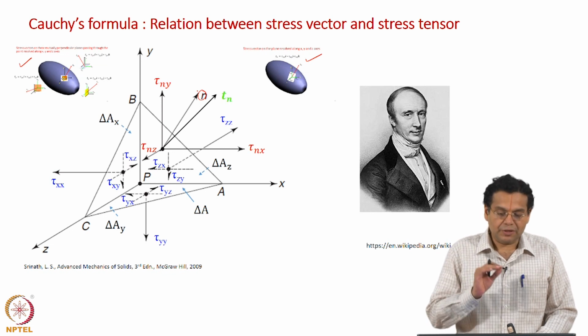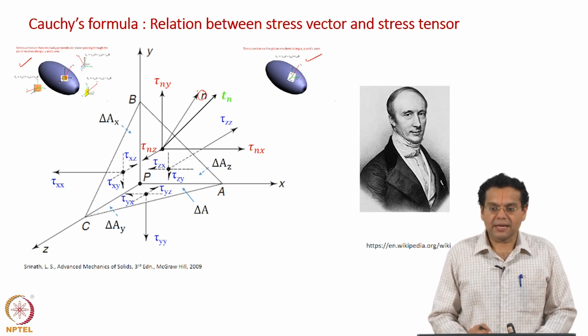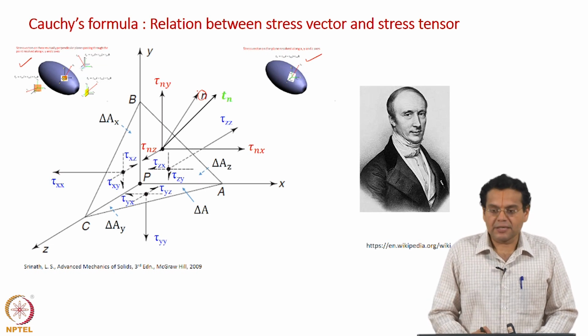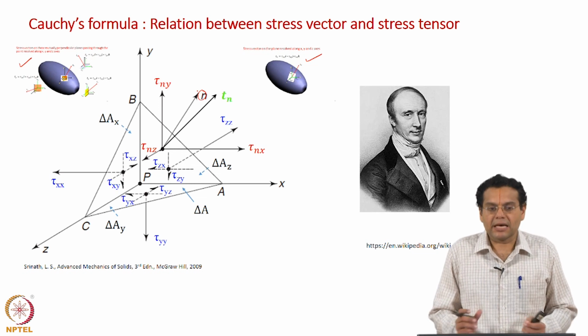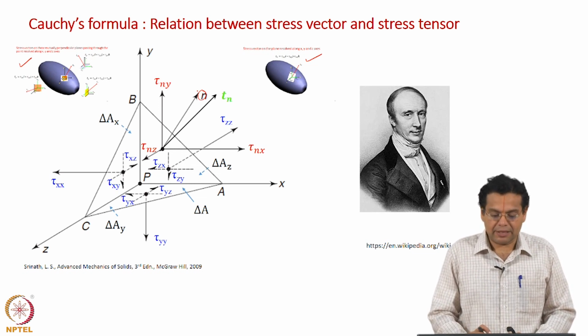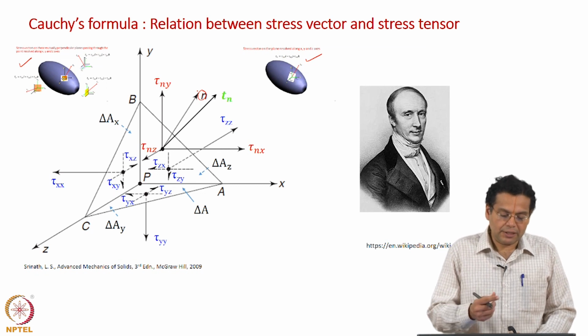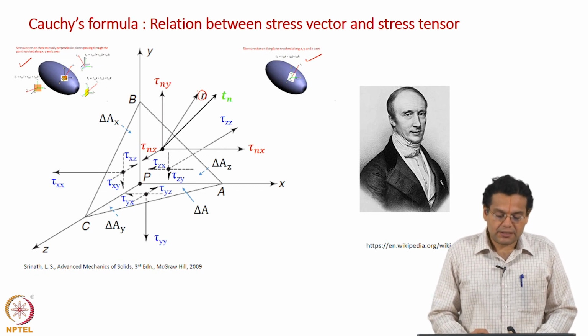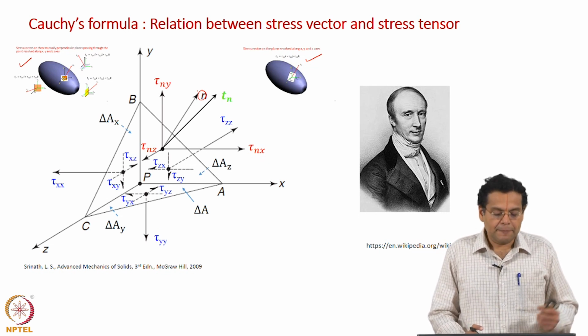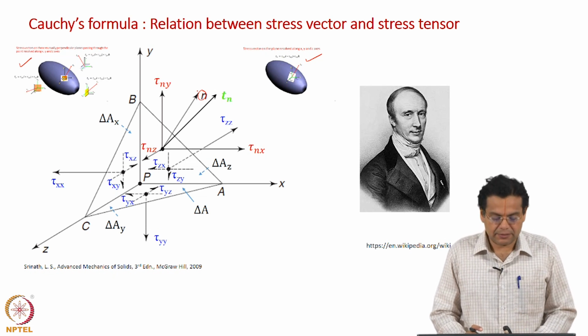We choose a tetrahedron for this reason: we have to relate the components of stress vector acting on this plane, which we call arbitrary because n can have any value, to the components of stress vector acting on those 3 well defined planes. When I say well defined planes, please understand that they are parallel to the coordinate planes.